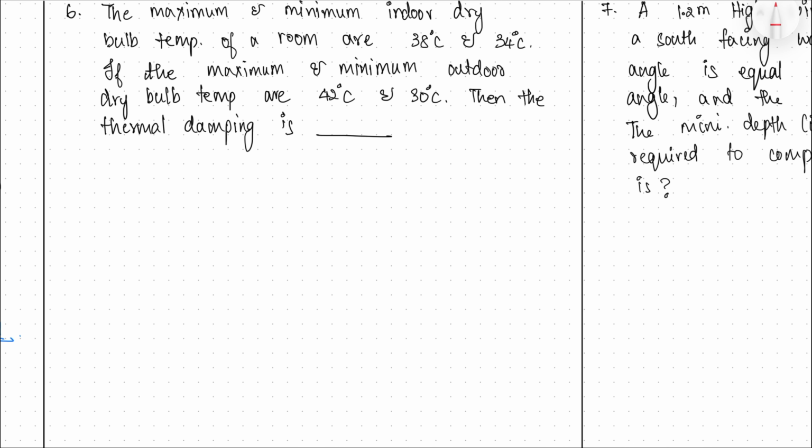They have given us, let's read it first. The maximum and the minimum indoor dry bulb temperature of a room are 38 degrees Celsius and 34 degrees Celsius. If the maximum and minimum outdoor dry bulb temperature are 42 degrees Celsius and 30 degrees Celsius, then the thermal damping is, they've asked us to find the thermal damping.